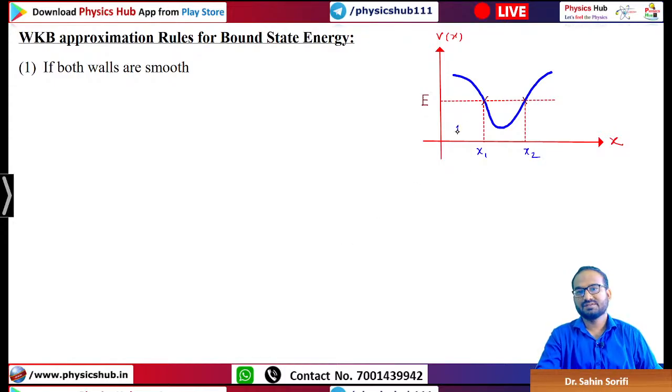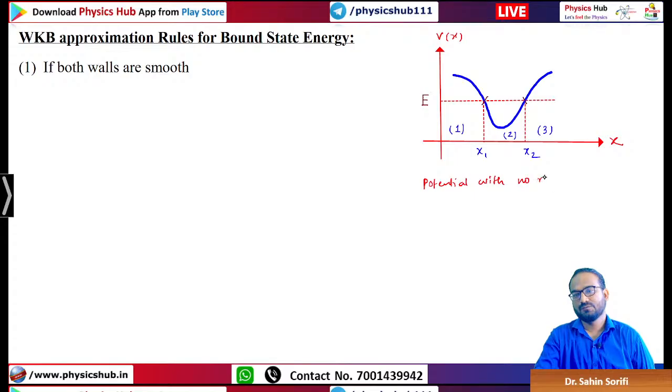So we can see 3 regions. One is this region, another one is this region, another one is this region. So this is the example of potential with no rigid wall, means both walls are smooth.